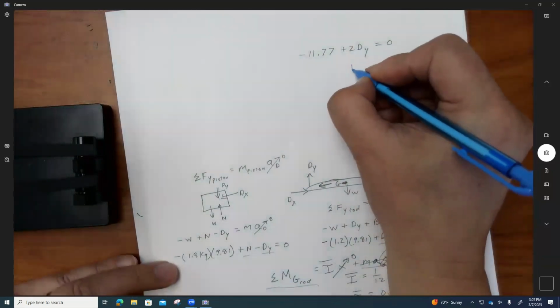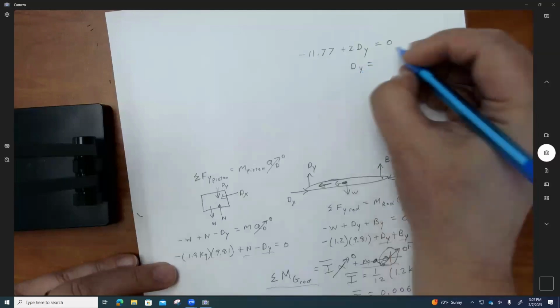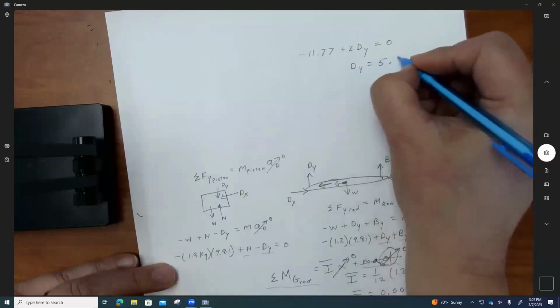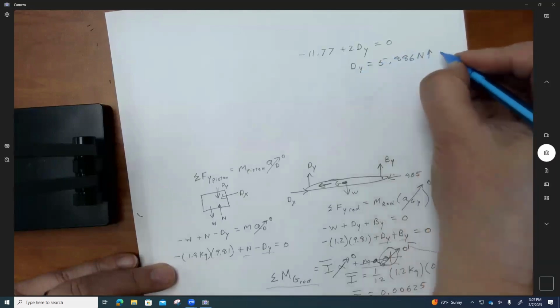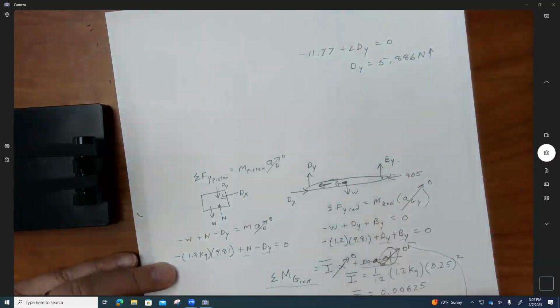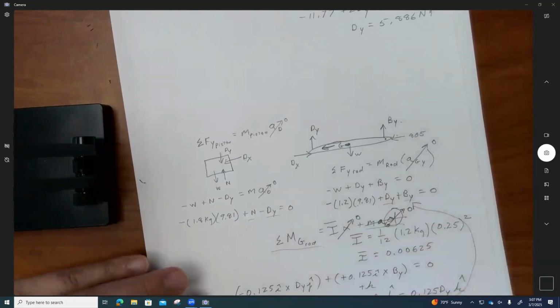And so our Dy is going to end up being a positive 5.886 newtons up, and that is going to be By as well.